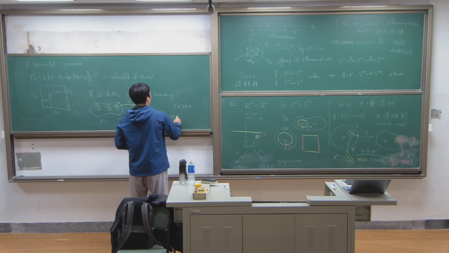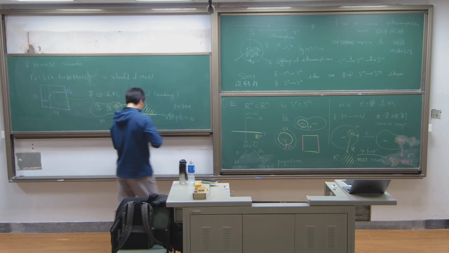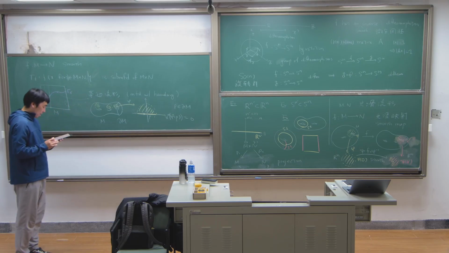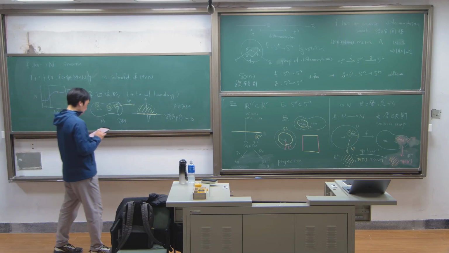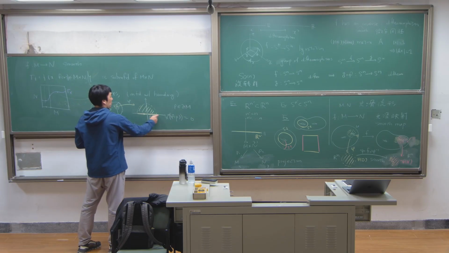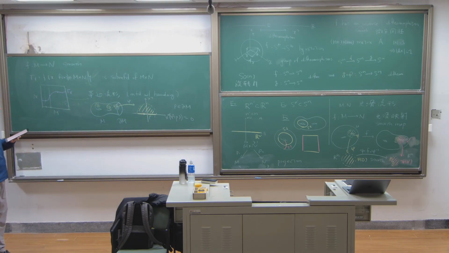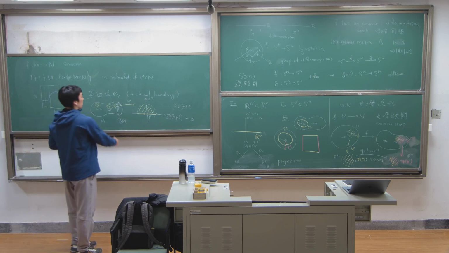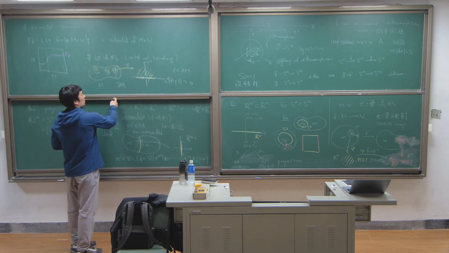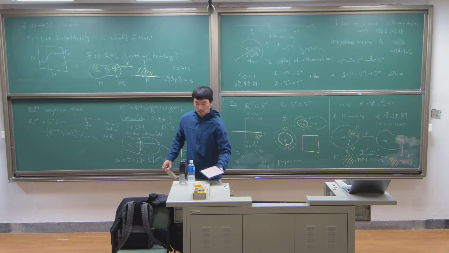Therefore, phi of p, for instance, x_n is equal to 0. All the boundary is mapped to x_n being 0. That's easy.